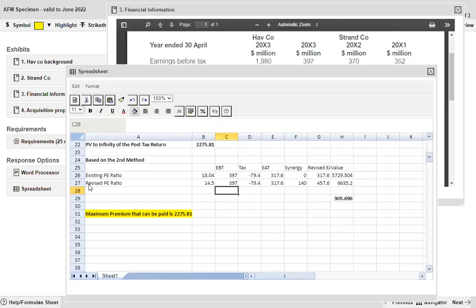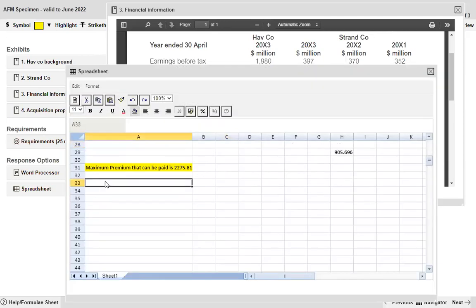So how would we calculate? Calculating the payment premiums is going to be like this. The first thing that you have got to do is calculate the value of the combined company post acquisition.